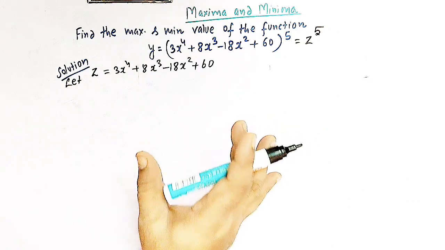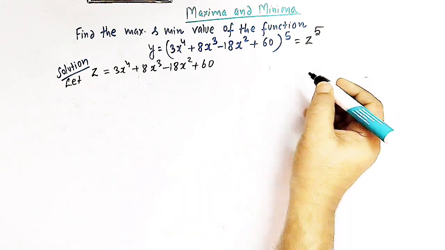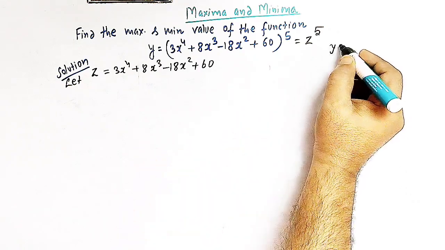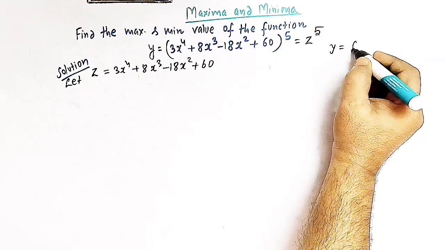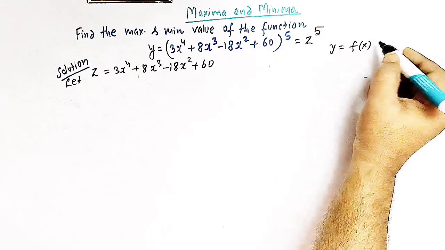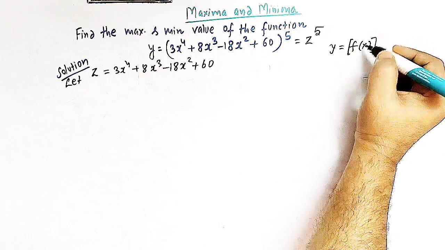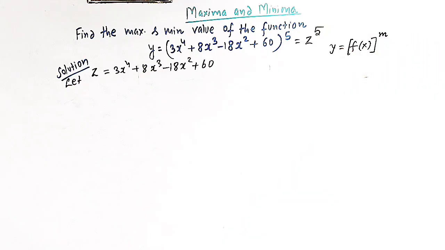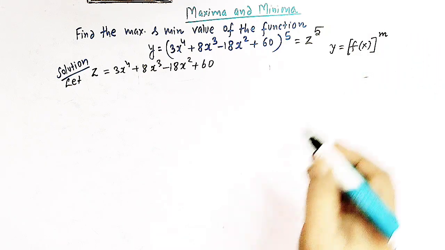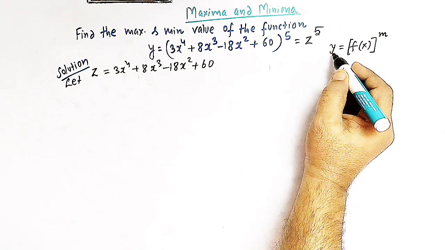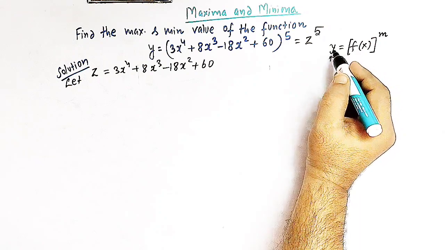So here we are going to use the concept that if we have a function, say y, which is expressed in some power of a function f of x, let us say the power is m, right? And we have to find the maximum and minimum value of this function y.